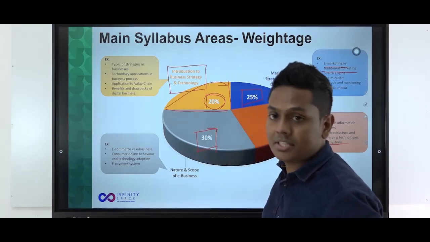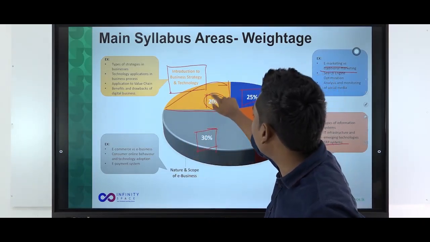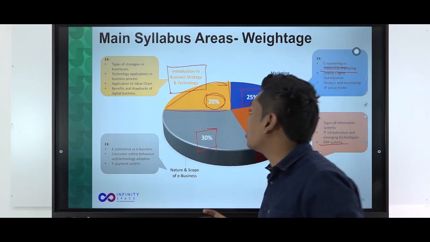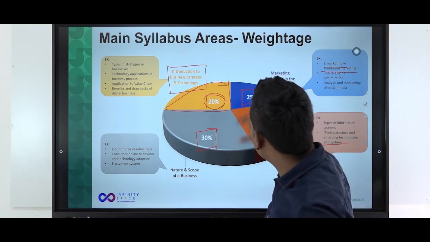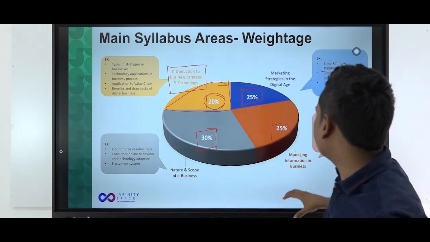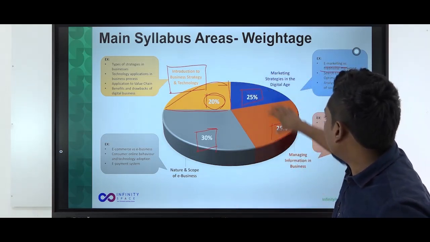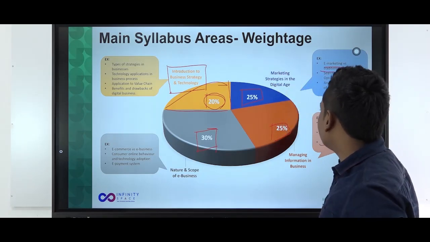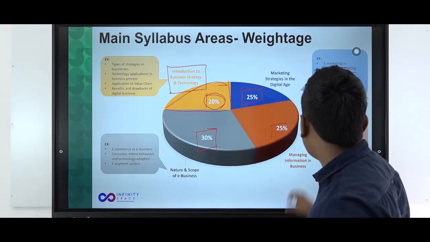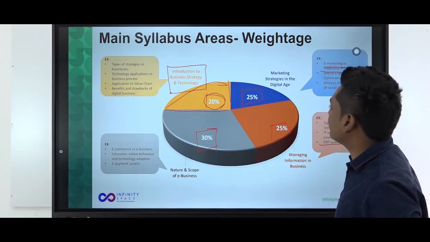Giving you a summary of what we discussed: 30% for what? Nature and scope of e-business. Then again, here comes 20% for introduction to business strategy and technology. And again, another 25%. There are two 25% divided under marketing strategies in the digital age and managing information in business.